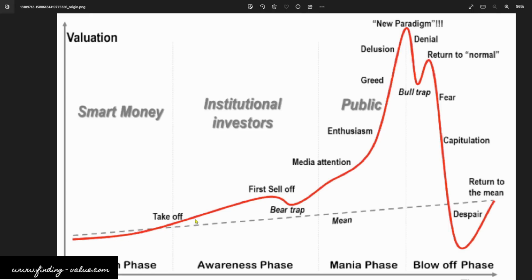The expansion phase is when you start to get into the after the bear trap here is the expansion phase in here. And then at the top, you usually get a hyper supply phase of some sort. That is the real estate market. That is a commodity market. And that is basically the loop that this goes in.